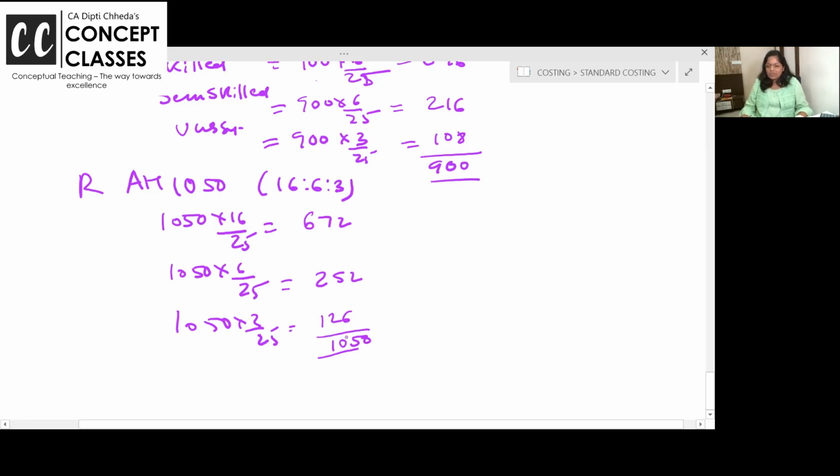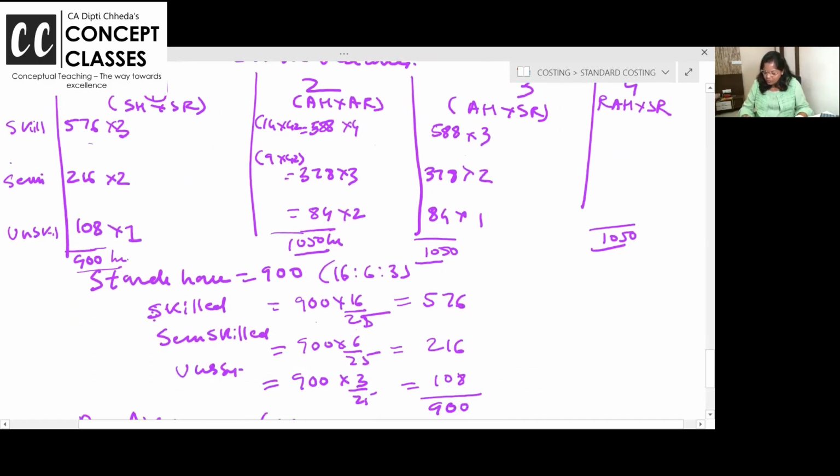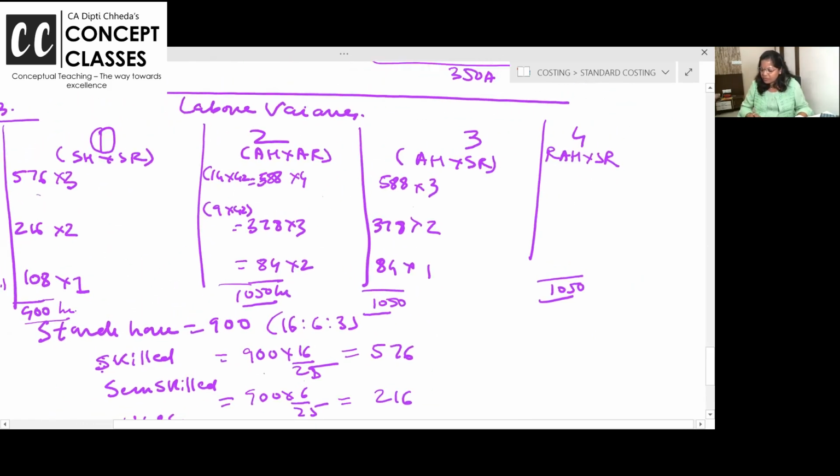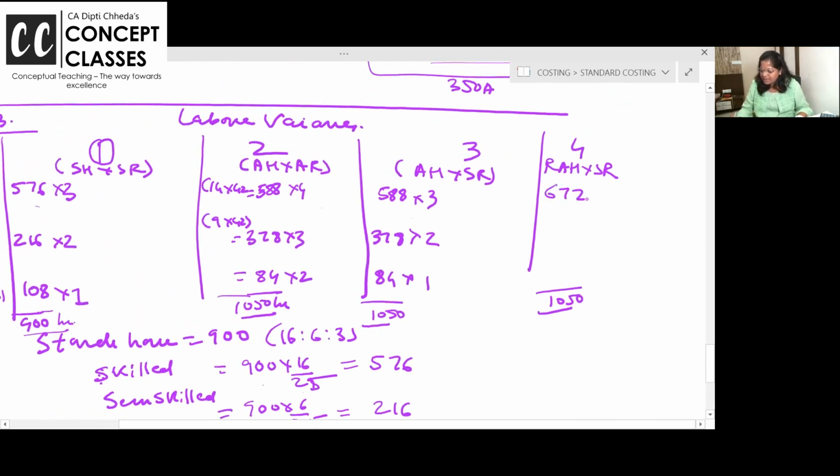Revised actual quantity. Write here: 672, 252, 126. I'm repeating, instead of 900 use 1050 hours, but use it in the standard mix. And standard rate is fixed, 3, 2, 1.